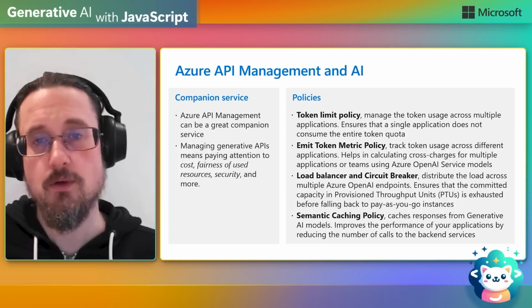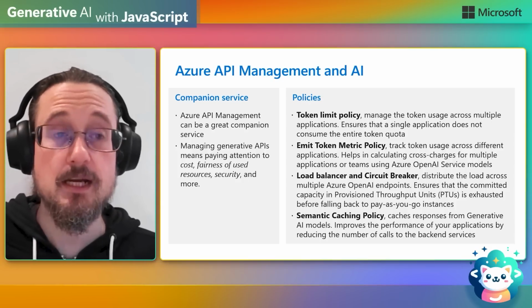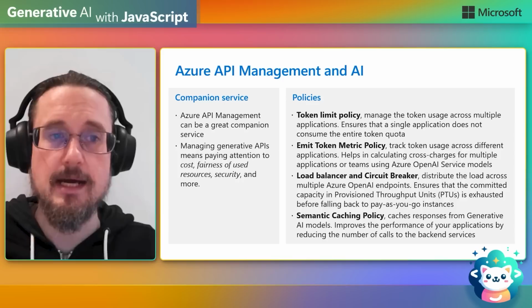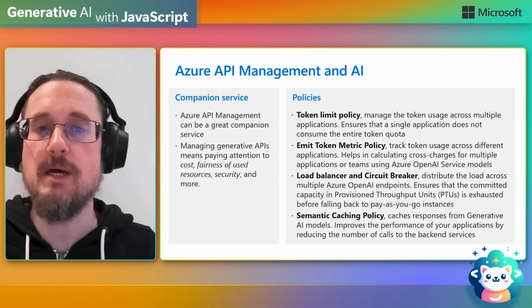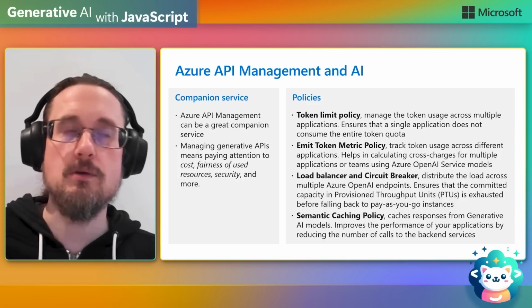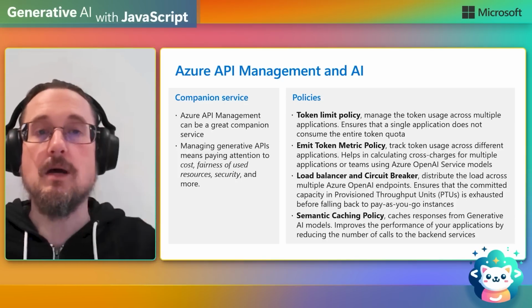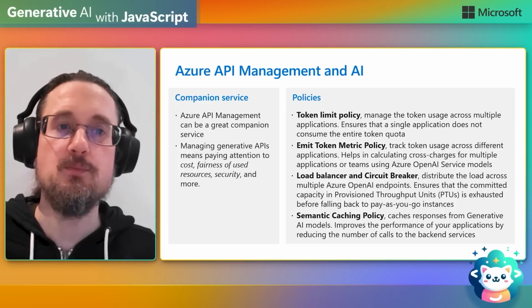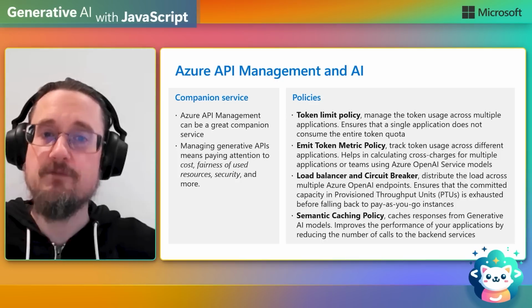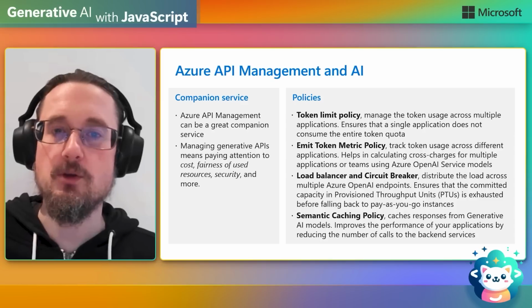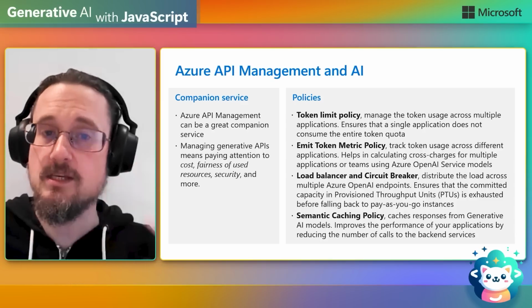What's good to know is the context in which Azure API Management shines really well, and that context is AI. It's a great companion service. Imagine now that you have provisioned Azure OpenAI. Our best recommendation is that you put Azure API Management in front of that. Why? It comes loaded with a lot of policies that will make life easier for you.